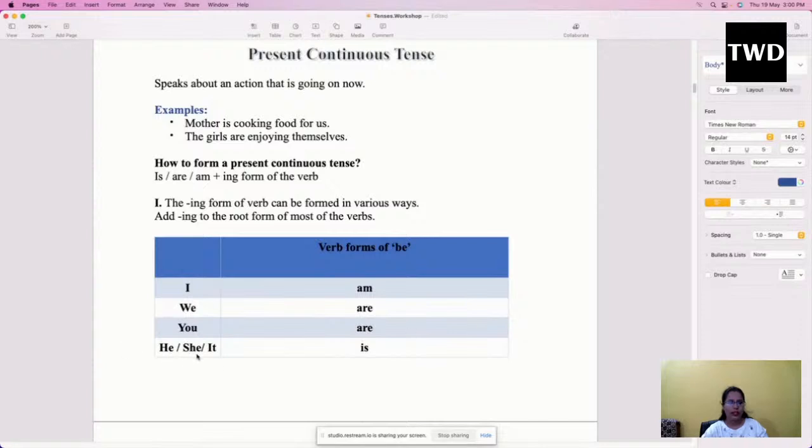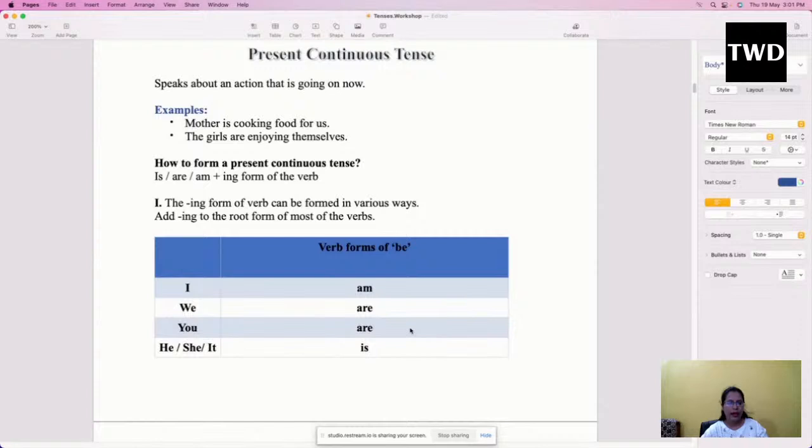Okay, he, she, it, these are singular form of the subject, singular form of the pronoun. So with singular subject we will be using singular form of the verb, that is, he is learning English now. She is learning English now. It is jumping on the ground now.